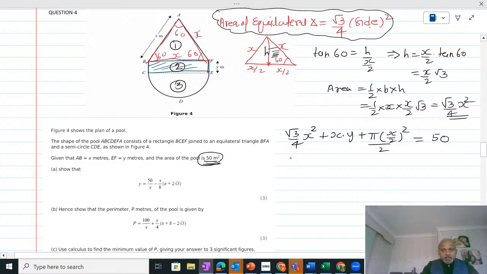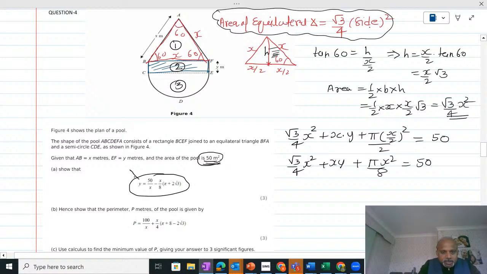Okay, so let's simplify this. Root 3 by 4 x square plus xy, and this we can write down pi x square over 8, equal to 50. If you see here, they are asking you to make y the subject, right? So let's make y the subject. So we can write down xy equal to 50 minus root 3 over 4 x square minus pi x square over 8.